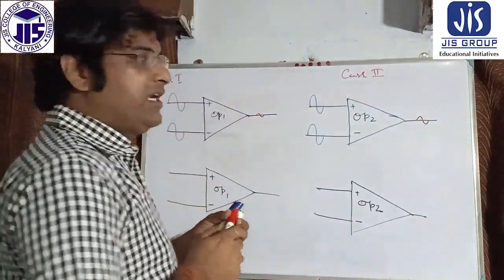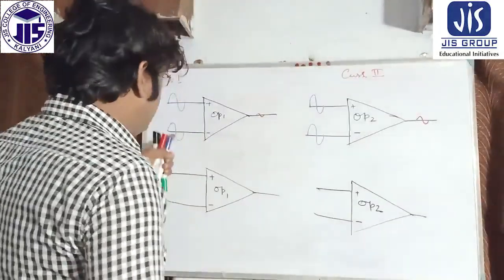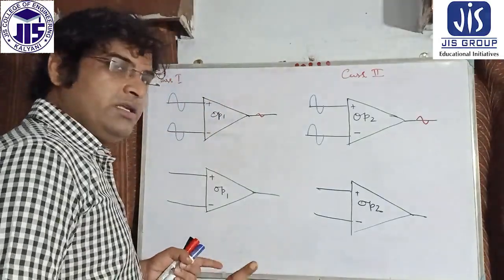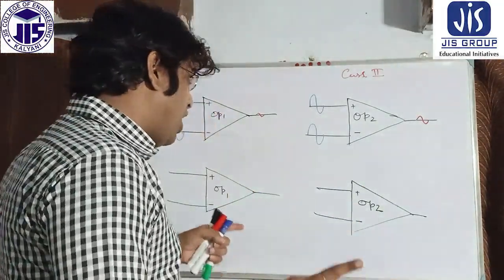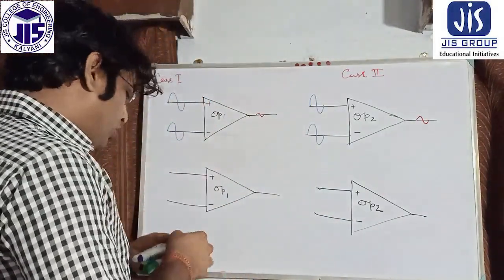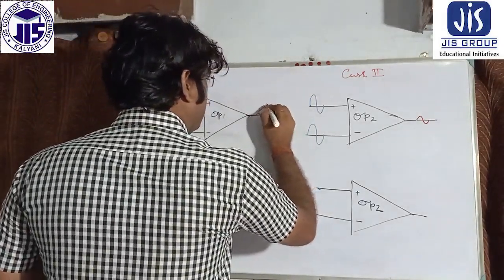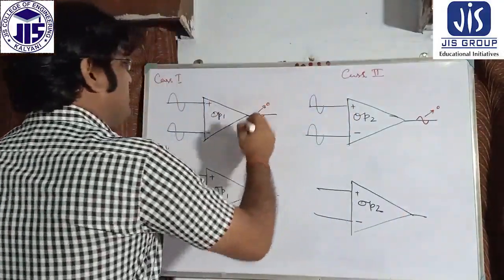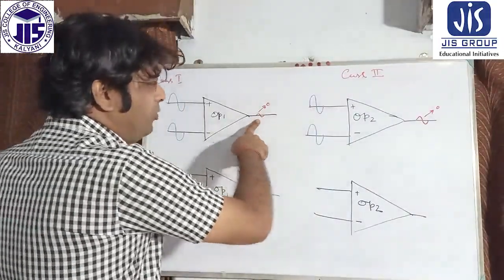I think you know this: if I introduce the same signal to both input terminals of the operational amplifier, the output tends to 0. So this output tends to 0, and this output also tends to 0, but this voltage tends to 0 much more; it is very nominal compared to this voltage.